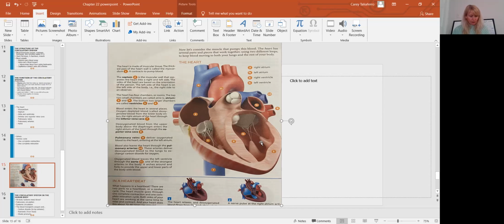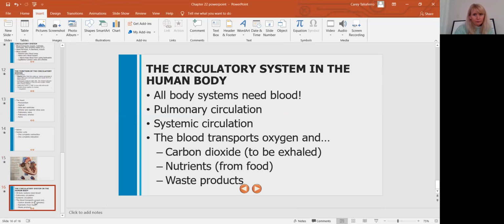All right. Now, to finish this up, why do we care? Well, every system in your body needs blood. So pulmonary circulation is key, and what that means is that's the flow of blood to the lungs. That's carrying the deoxygenated blood to the lungs for gas exchange, that diffusion process.